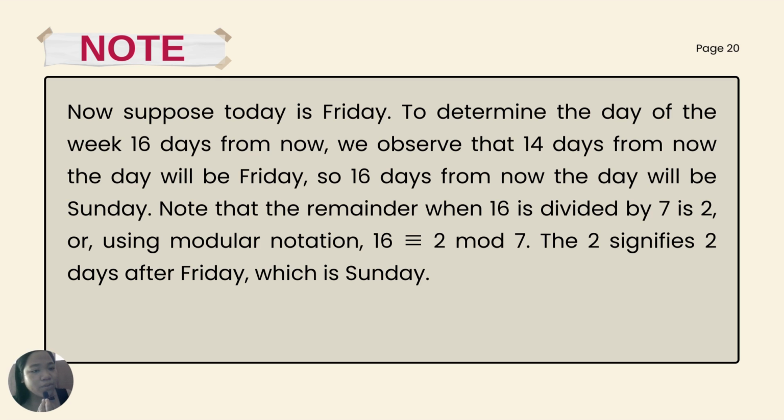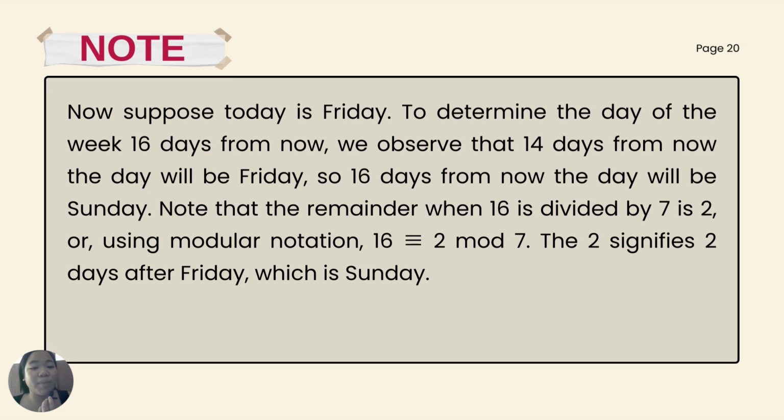Okay, another example. Now, suppose today is Friday. To determine the day of the week 16 days from now: today is Friday, so what will be the day 16 days from now? We observe that 14 days from now, the day will be Friday. So 16 days from now, the day will be Sunday.